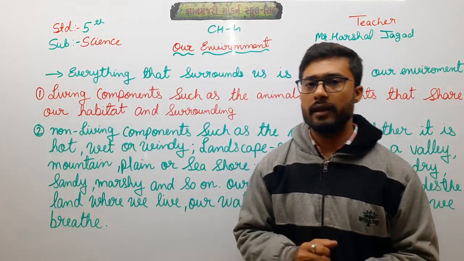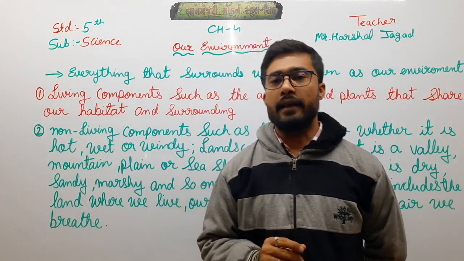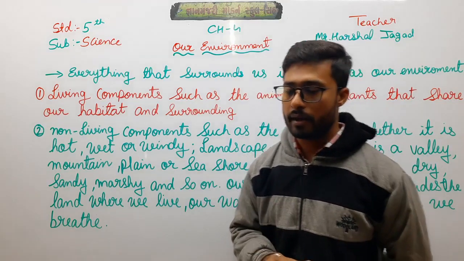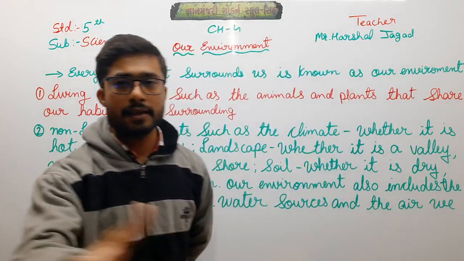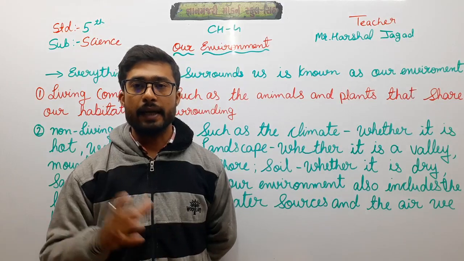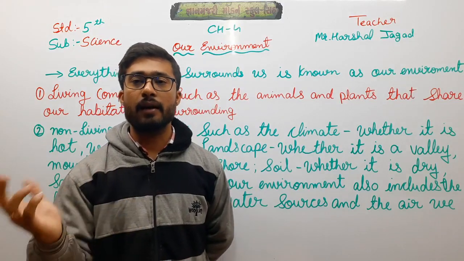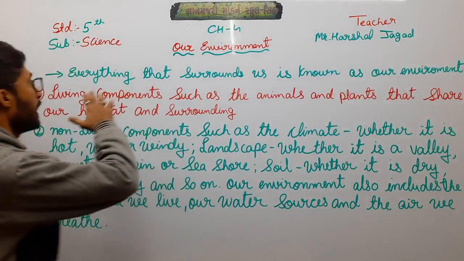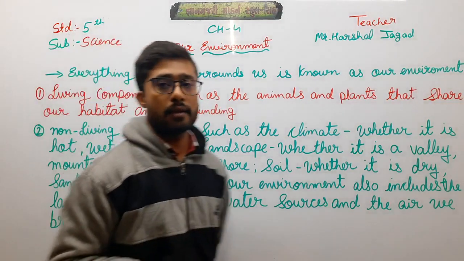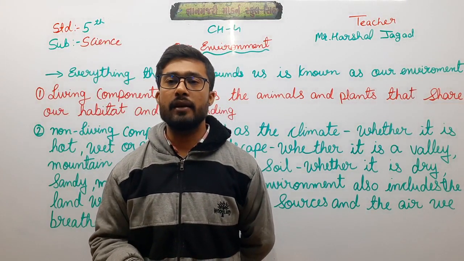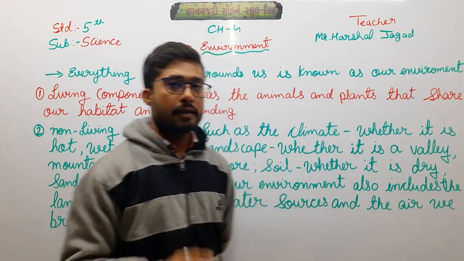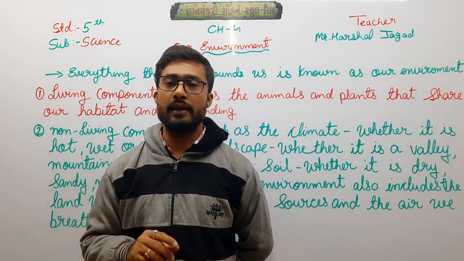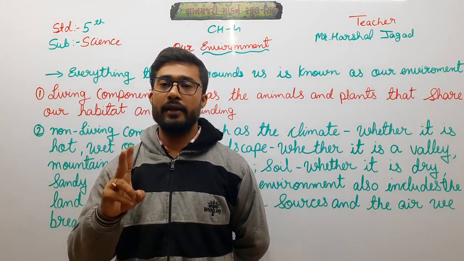Okay students, now I am explaining it again. First of all, what is the environment? Whatever is around us is known as our environment. Everything that surrounds us is known as our environment. Then they have categorized it into two types, living components and non-living components.